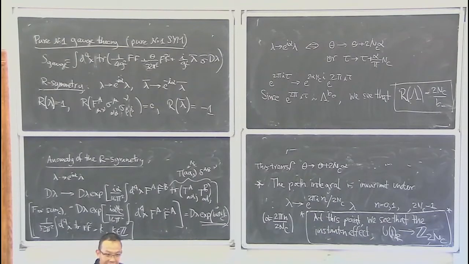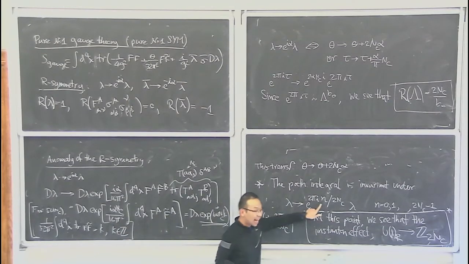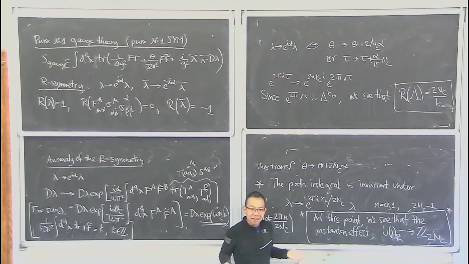There is an anomaly, and you are left with Z_2N_c, which is non-anomalous. This is called breaking because Z_2N_c acts as an R symmetry because it rotates the phase of the fermion. If you don't like this terminology, you can call it anomalous and become Z_2N_c, or Z_2N_c is a symmetry that is left over, non-anomalous, but I call it breaking.